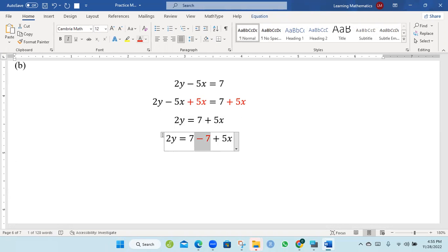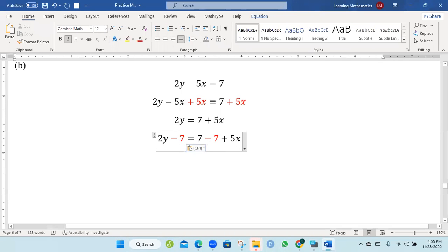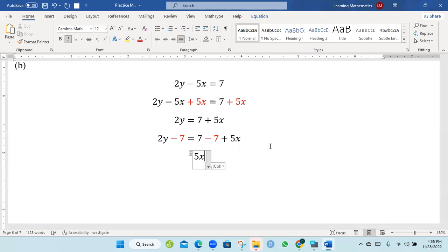Now we start canceling out the numbers away from the x and then zeroing in on the x. So we are left with 5x on the right. So that will be 5x equal to, and what's happening on the left side? 2y subtract 7.